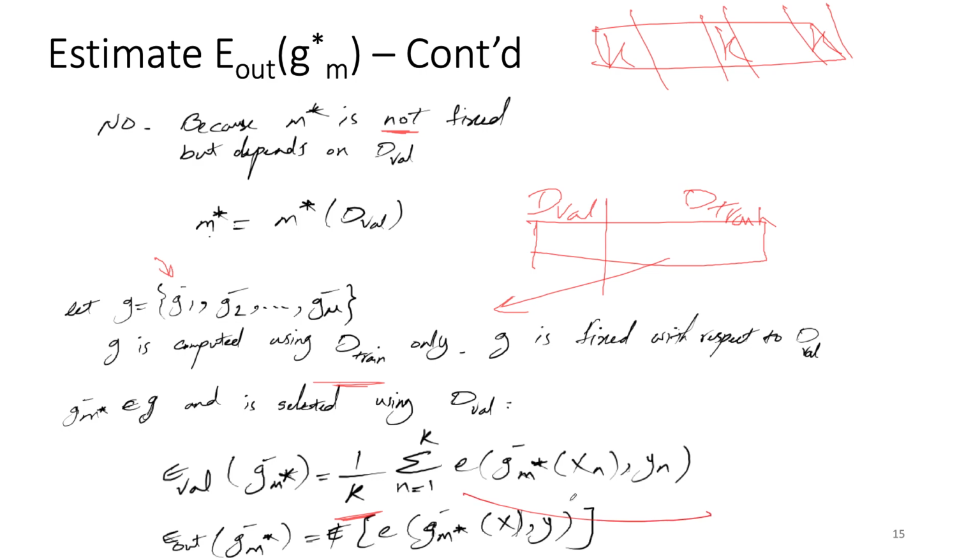And this itself, finally, is equal to the out of sample error of g m star, expected value of the pointwise errors.